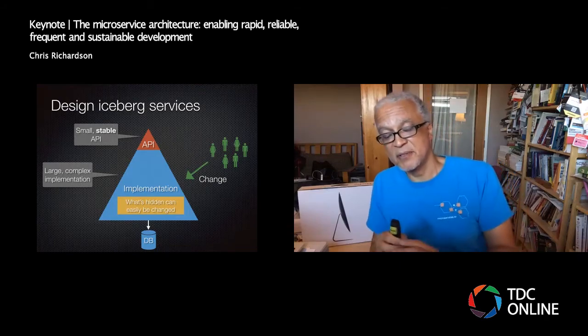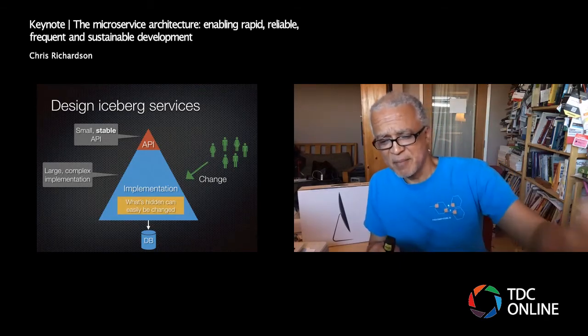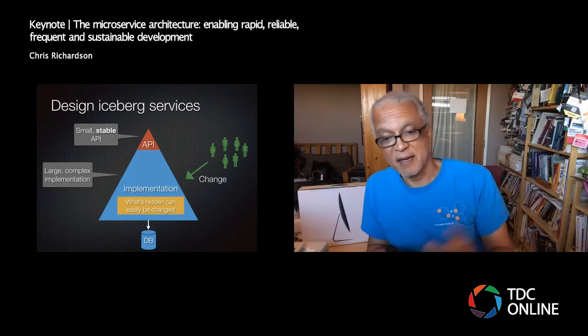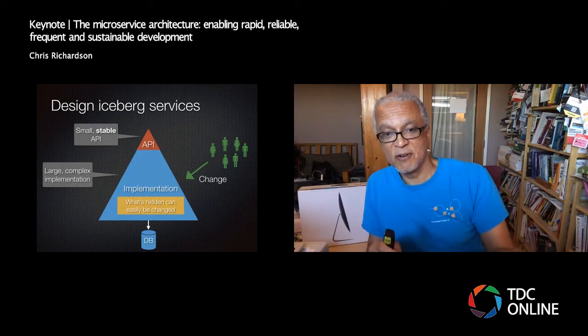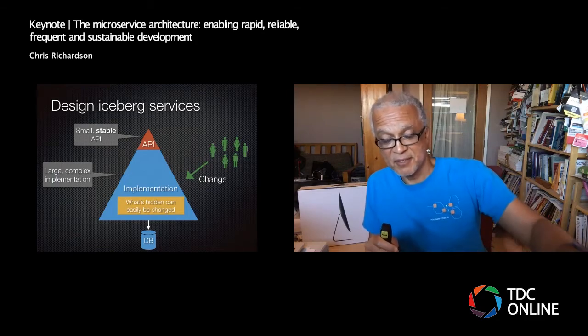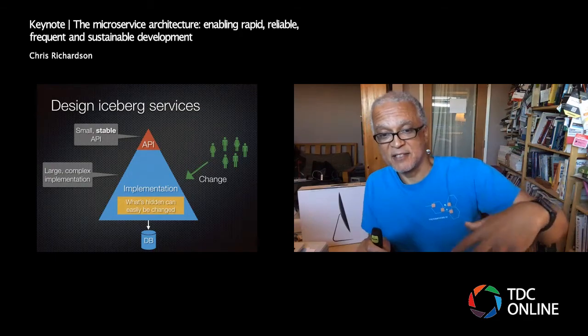And great examples of this, right, is you think about Stripe, the payment service. I know their API is a bit more complicated than that, but one of their key operations is charge this credit card, right? Really simple operation that's very stable, doesn't change, yet the complexity behind that is huge, right?